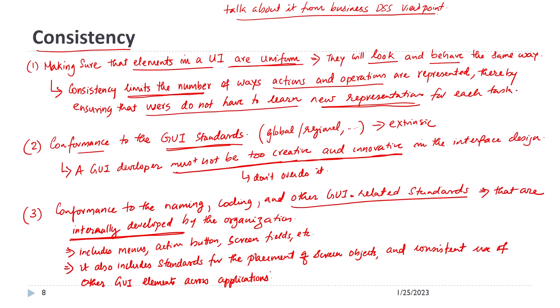So, what we are saying here is you have a screen, or let us say you have screen real estate. Where do I place what? Where do I put the menu? Should I put it on the left hand side or should I put it on the top, like a drop down kind of a thing? Okay. That aspect. Where do we put the button? The save button, is it on the right hand corner, left hand corner? So, the placement of the screen objects should be consistent.